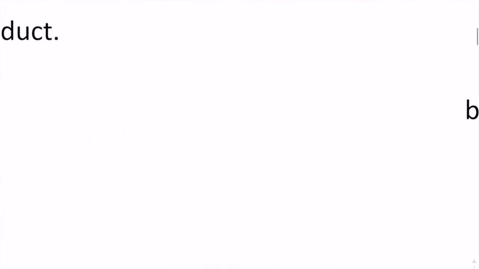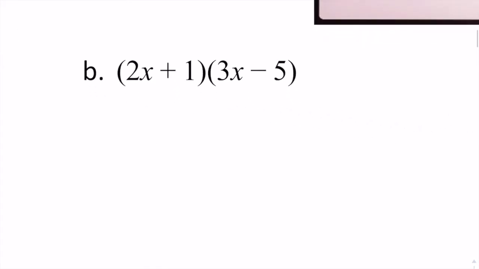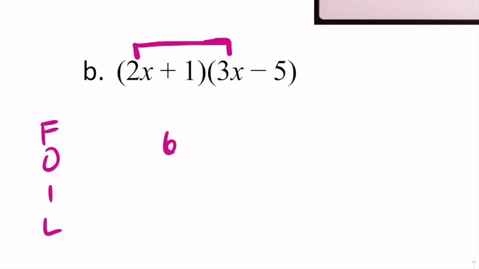Okay, next example, same thing here. If it helps you, write it out so that you know what to do. First terms: I have 2x times 3x. Please be careful when you have this. You do 2 times 3, which is 6, and x times x, which is x squared. So 2x times 3x is 6x squared, hopefully we remember from chapter 6.